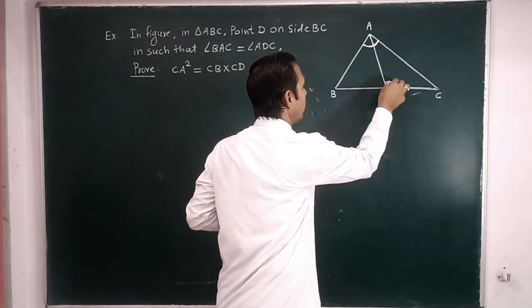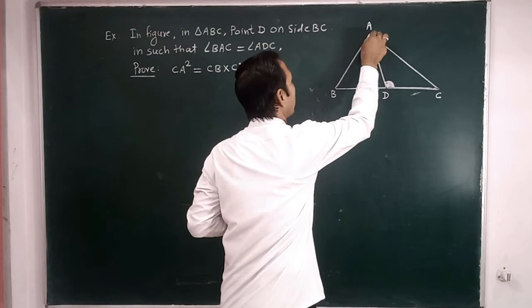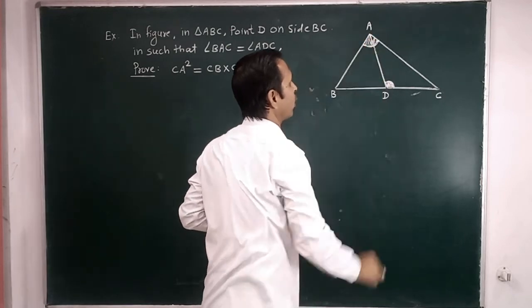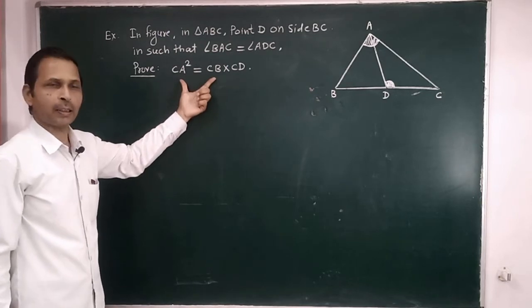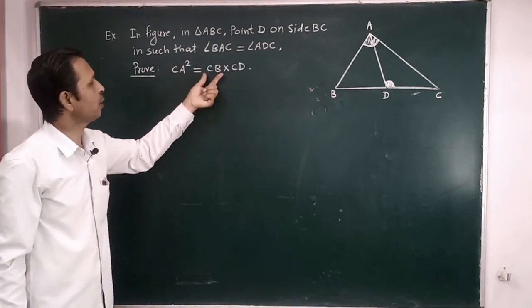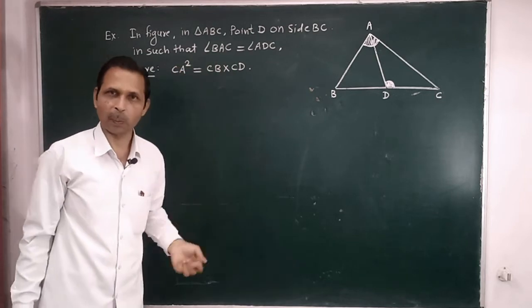Now these two angles are congruent here. We are given that these two angles are congruent, and that's why we show this expression, that is CA square is equal to CB into CD.